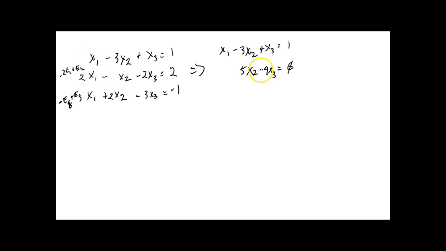Minus x1 plus x1 is 0. Minus 1 times minus 3 would be 3x2, plus 2x2 would be 5x2.